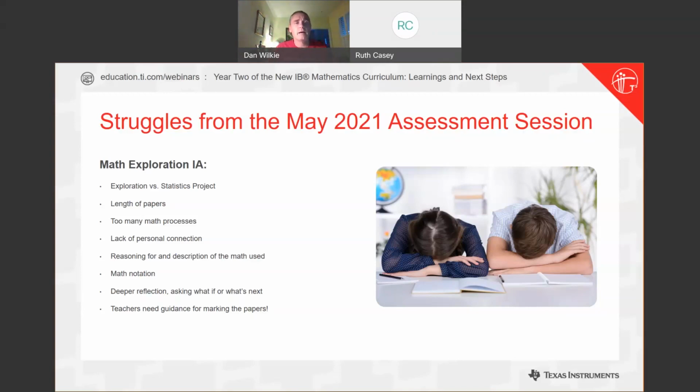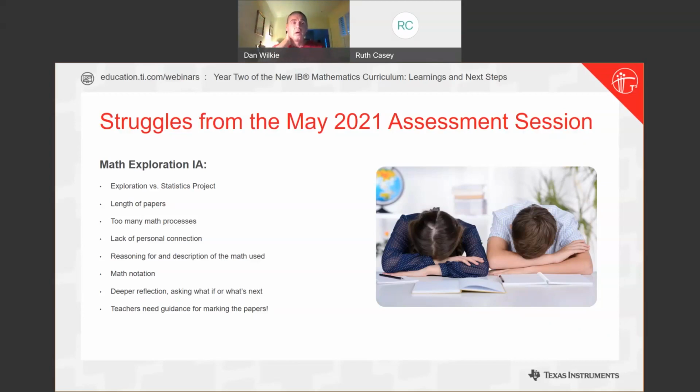And you saw IB initially said that if you did a studies project or a statistics project like most students did, that it would be graded similarly when they went to the math exploration. And in the 100 papers or so that I graded, that did not transfer over too nicely.